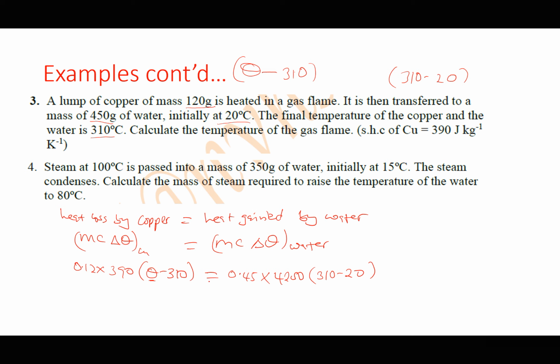So I have to take 310 to the other side, so this will be plus 310. And this is giving me a theta of 12,021 degrees Celsius. So that is the temperature that I am actually getting.